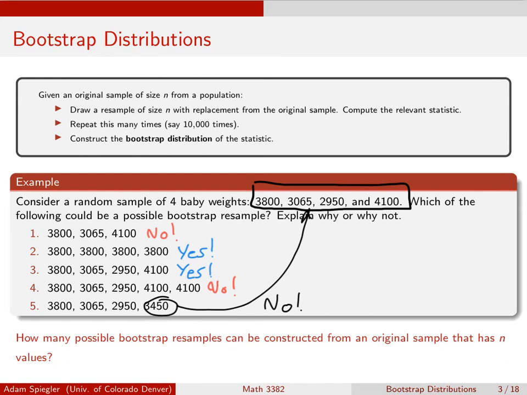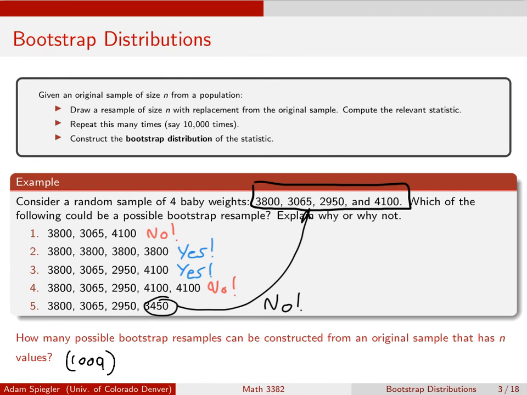Hopefully that gives you some sense of what the bootstrap resampling process involves. As we set up simulations to create these bootstrap resamples and bootstrap distributions, it might be good to think about how many possible bootstrap resamples there can be. If we return to the North Carolina birth weight example, n was 1,009 because we had 1,009 observations.